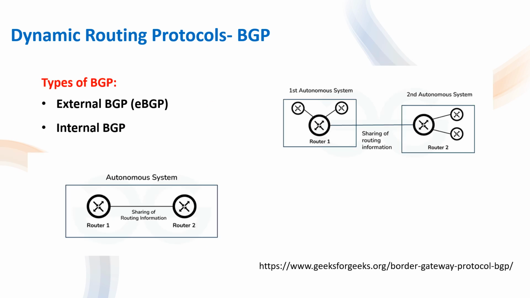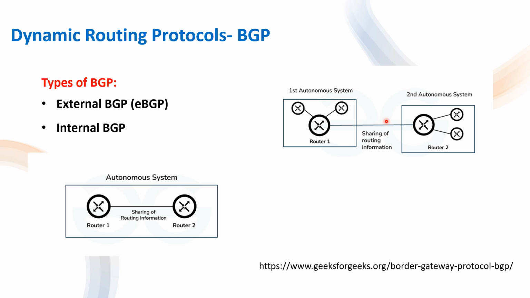Border Gateway Protocol is categorized into two main types: external BGP and internal BGP. The first one, external BGP, facilitates the exchange of routing information between routers in different autonomous systems.